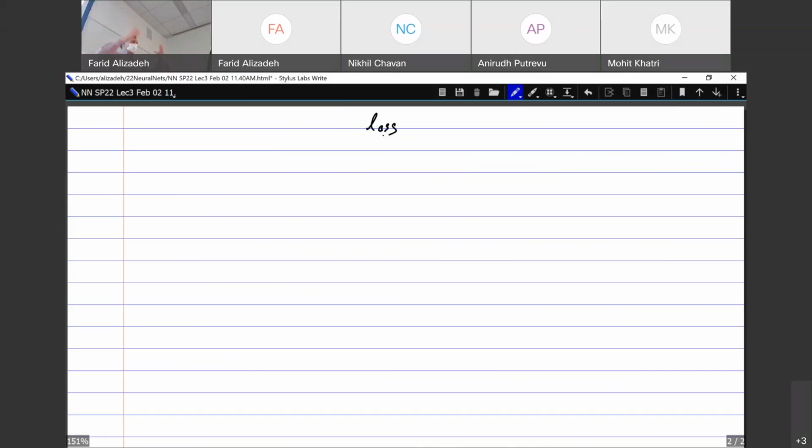In reality, we know that we have almost 700,000 W's, but for now, let's pretend it's only 2. So let's say this is W1, this is W2, and let's say the graph of our loss function looks something like this.